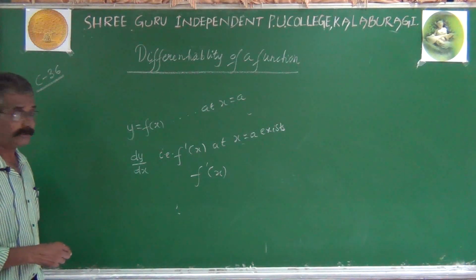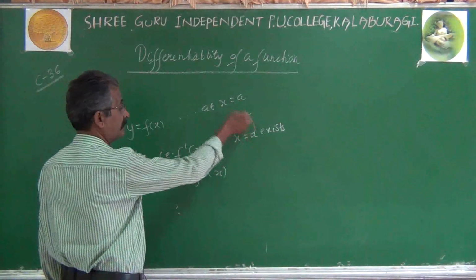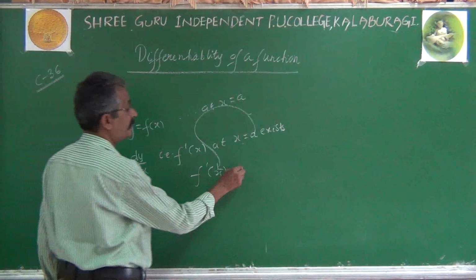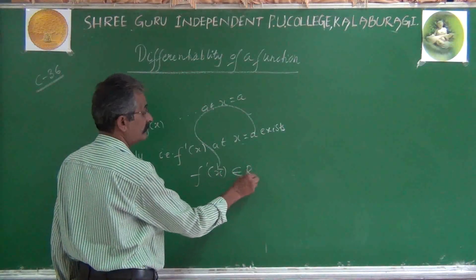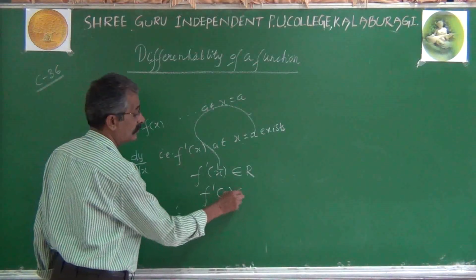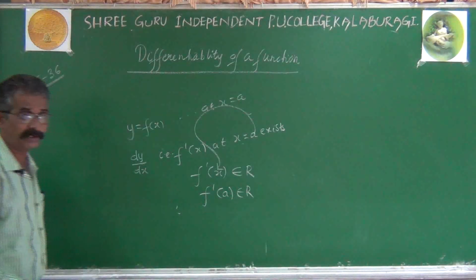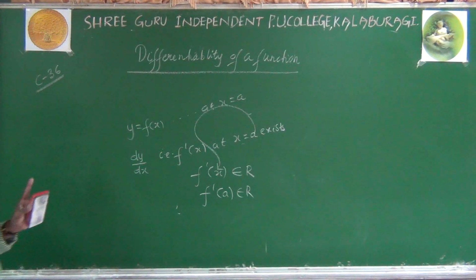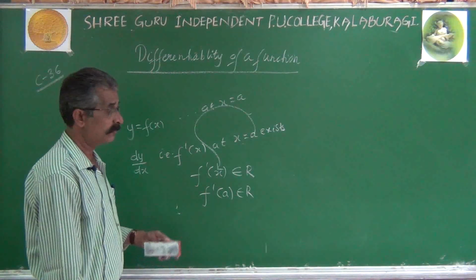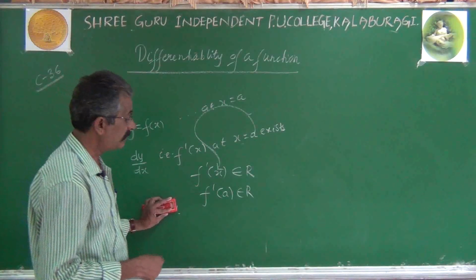First calculate f dash x. In the f dash x replace x by a and simplify. If f dash a belongs to the set of real numbers, we can say that f dash a exists. Exists means the value is known, a real number.